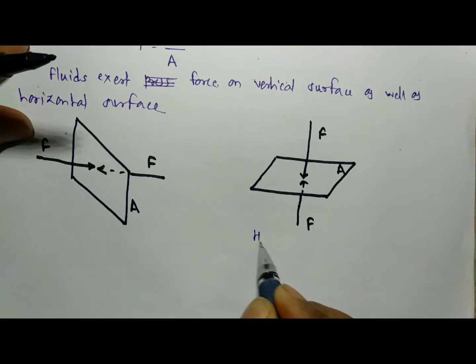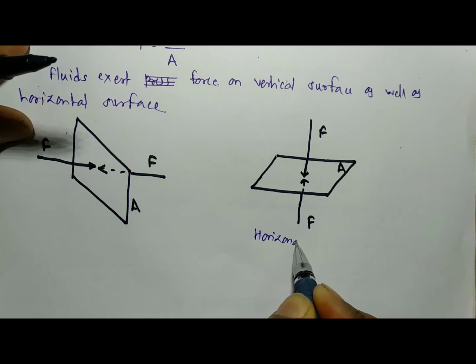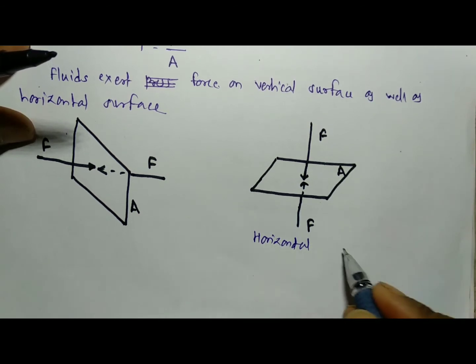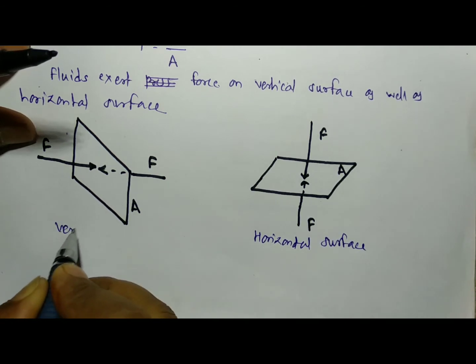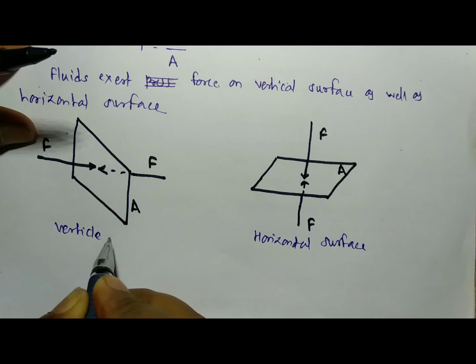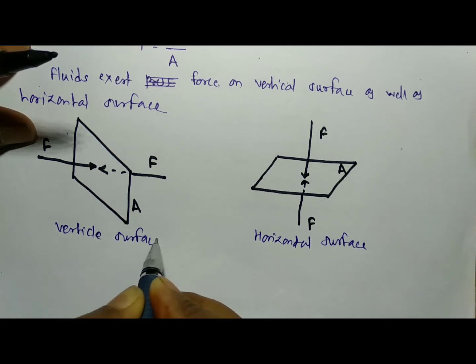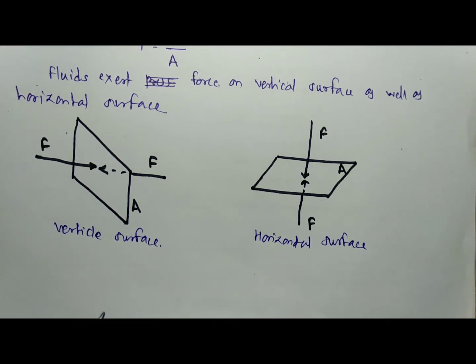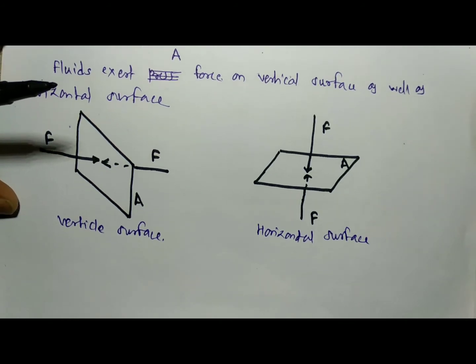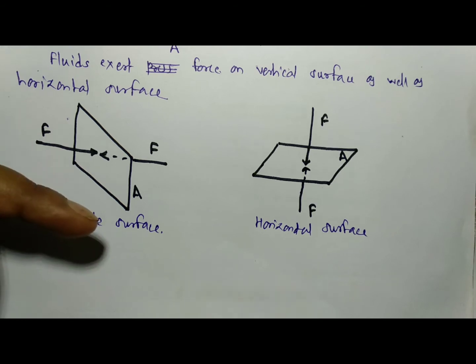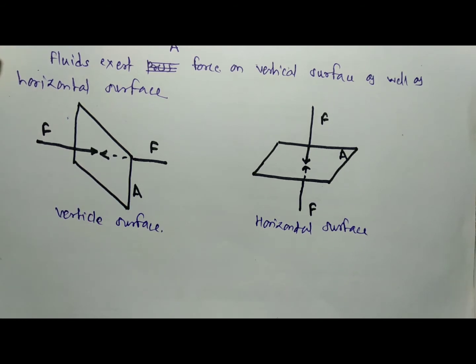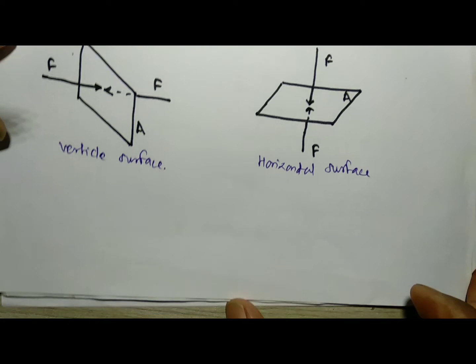It is a horizontal surface and it is a vertical surface, and the fluid exerts those forces on the area A. At that time you get the pressure which is exerted on the surface.